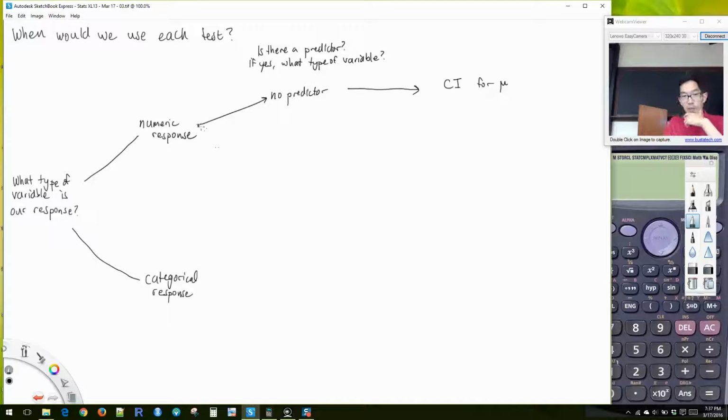If we have a numeric predictor, what is the inference method we can do here? Numeric predictor, numeric response. What does it mean to have a numeric variable as the predictor?